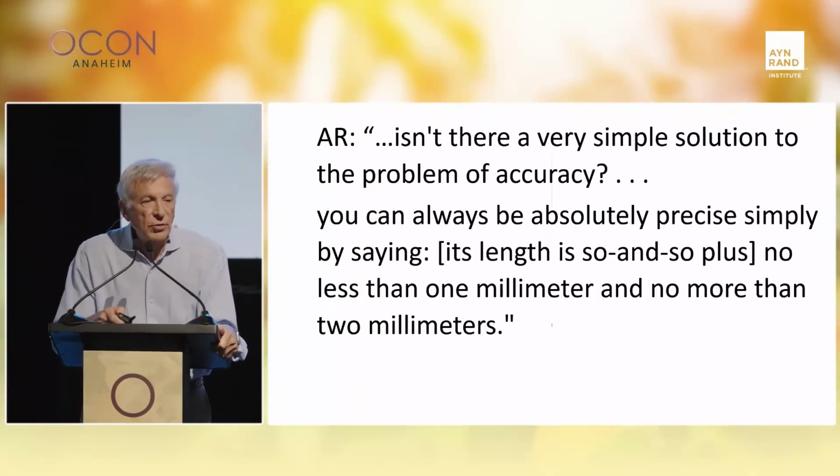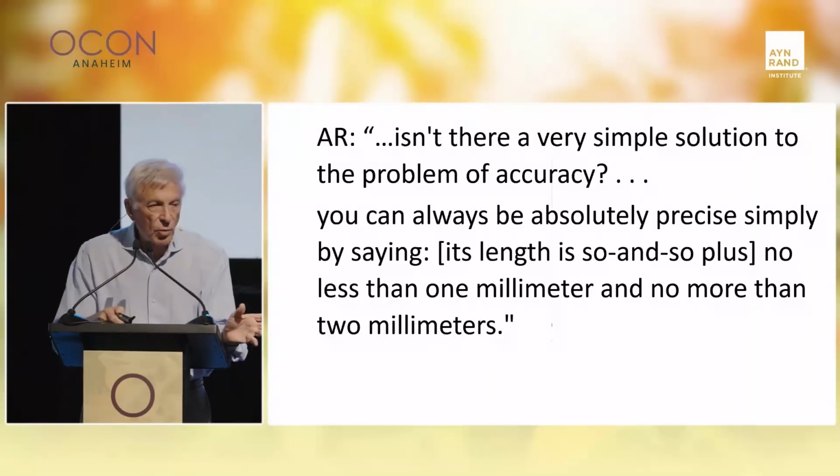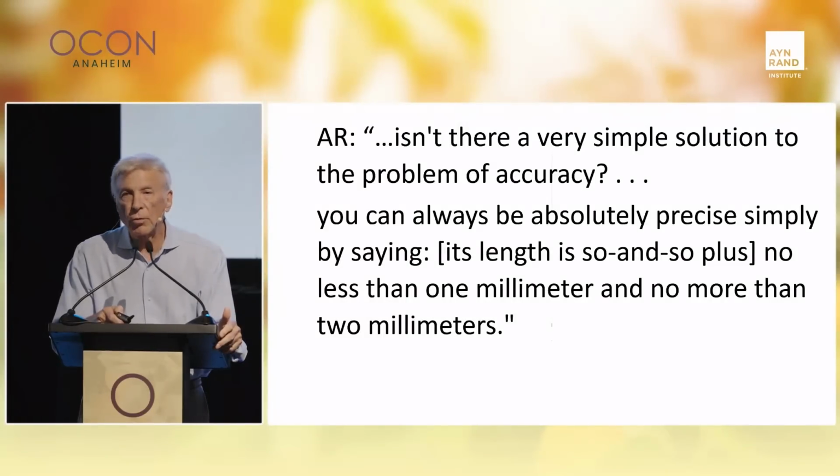And she says, isn't there a very simple solution to the problem of accuracy? You can always be absolutely precise simply by saying its length is no less than 1 millimeter and no more than 2 millimeters. That's an interval.